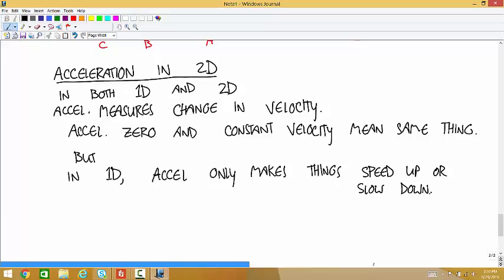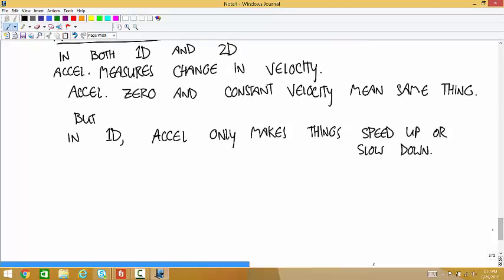In 2D, it does two different things. There are two ways the velocity can change. So in 2D, acceleration does two things.